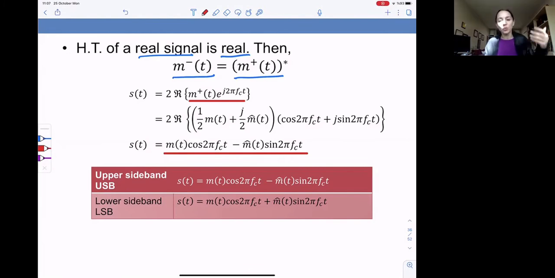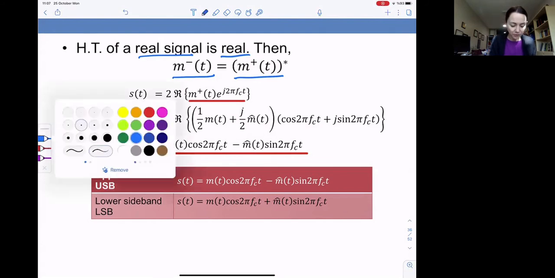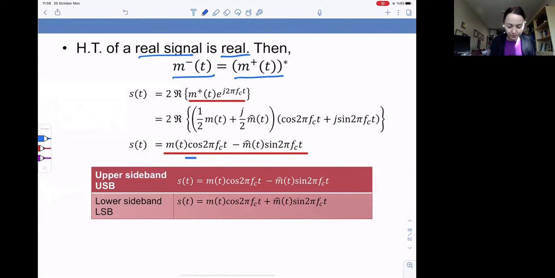We've been through a lot of math, but eventually we came to something that looks a lot like double sideband. The first component here is double sideband. The second component is like a DSB, except we're using a sine rather than a cosine, and we're using the Hilbert transform of the message.